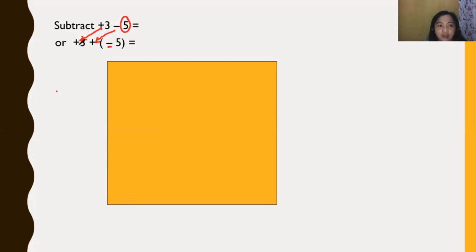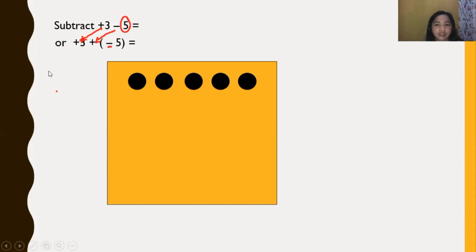So therefore, we have positive 3 plus negative 5. That is, change the sign of the subtrahend, then follow the addition rule. So represent muna natin yung negative 5. Let's represent the negative 5. And let's represent the positive 3.